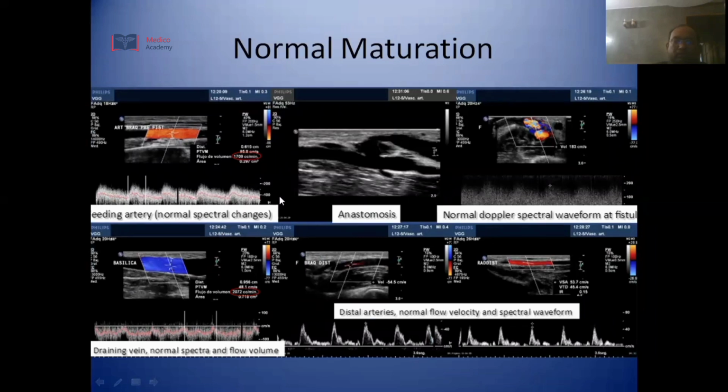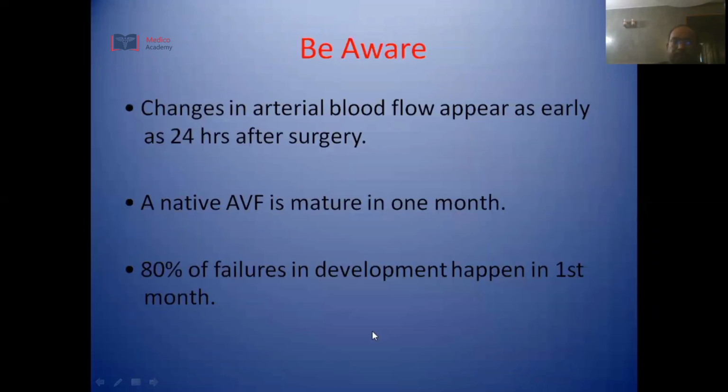These are the images of normal maturation, where you are seeing the feeding arteries, normal spectral flow, the anastomosis clearly seen, normal spectral waveform of the fistula, the draining vein with normal flow volume, and the distal arteries with normal flow velocity and spectral waveform.